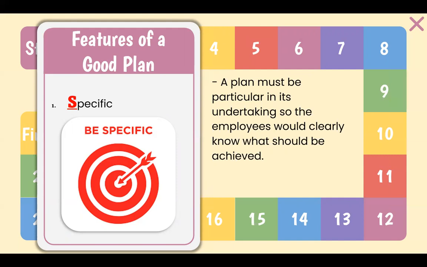An example of a specific and measurable plan is to reduce expenses by 20% to improve profitability, instead of just saying improve the profitability. Another example is increasing the firm's market share by 10%, instead of just saying increasing the market share.